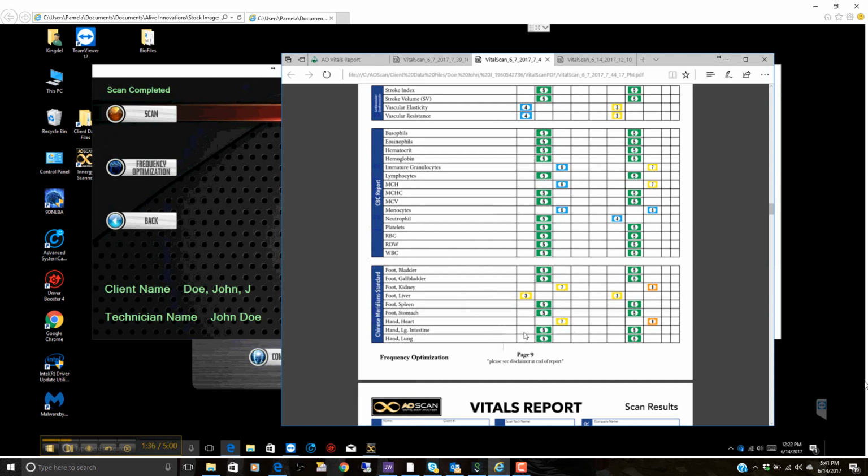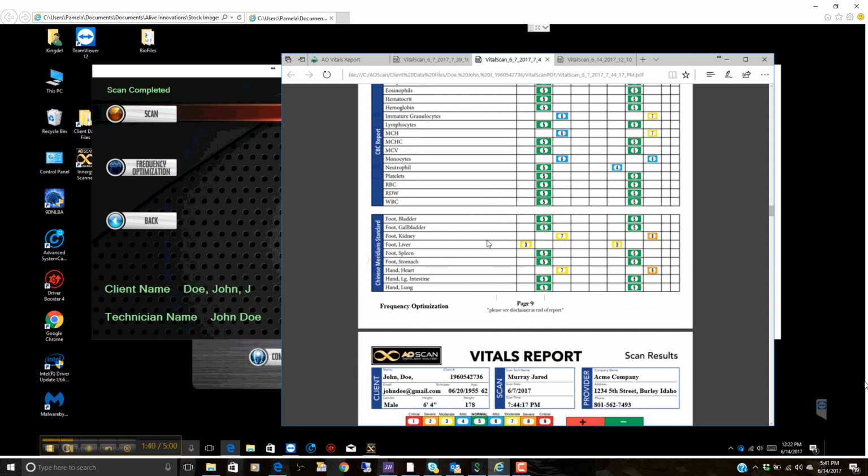But when people want to know what the primary issues are, one of the biggest areas that I go to on page 9 is the Chinese meridian points. So when I want to look to where in the body the primary issues are, there's 3 areas here so far that we see. Now these were 8s, and then the liver was unchanged by frequency. So these would be more or less developing as an immune response.